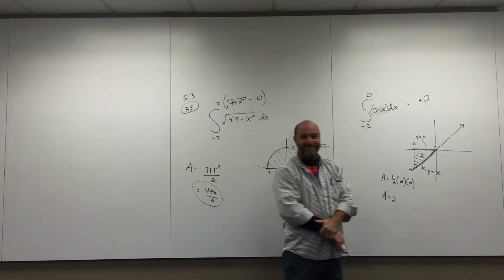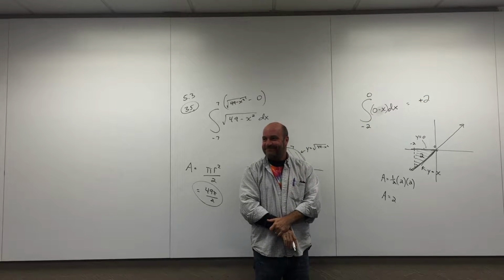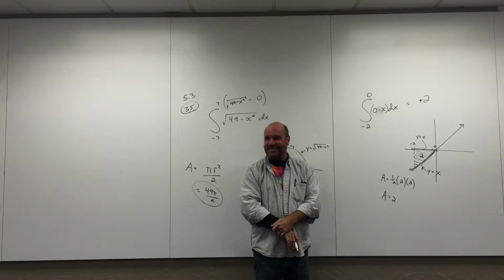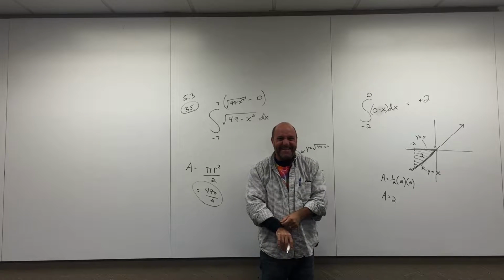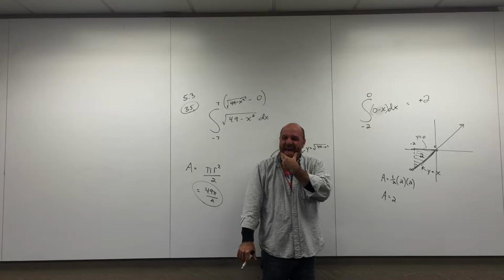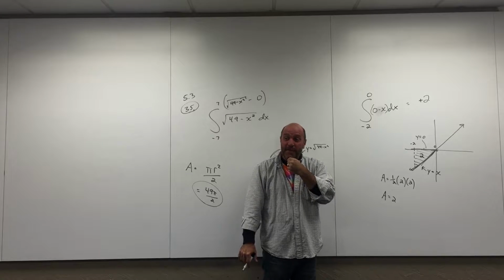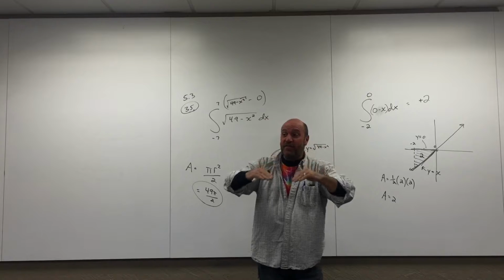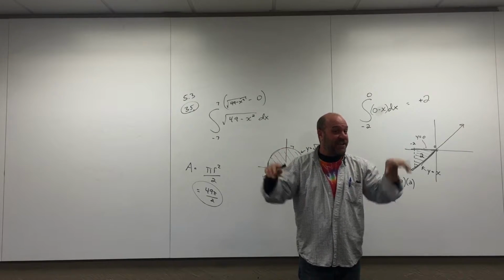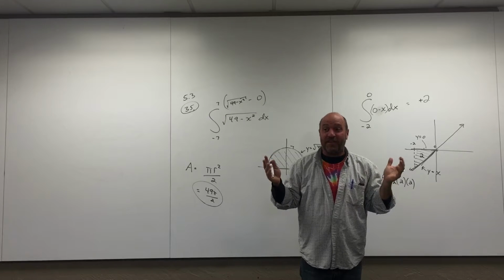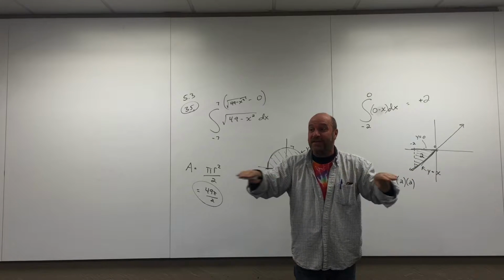Now, did I just confuse you? I think when you're finding area, it's always the area between two curves, and it's top curve minus bottom curve. But for us Cal 1 students, when we first get started on this, the bottom curve is always 0.